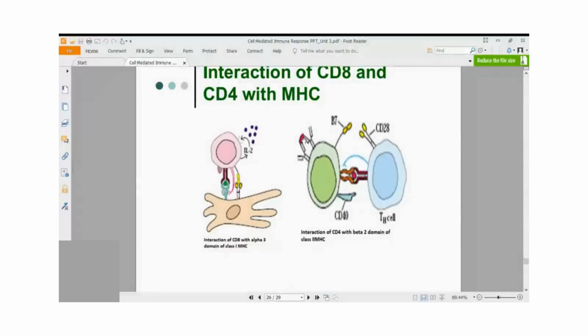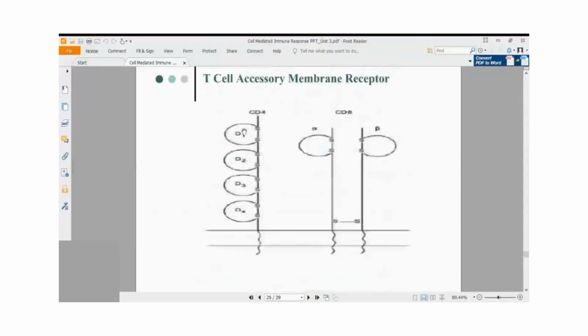The CD4 T cell receptor is made up of 4 immunoglobulin-like domains. See here, D1, D2, D3, D4. The four immunoglobulin-like domains of the CD4 receptor resemble the constant region domains of the antibody. And within each loop, once again, there will be 60 to 70 amino acid residues which form the loop because of the disulfide.